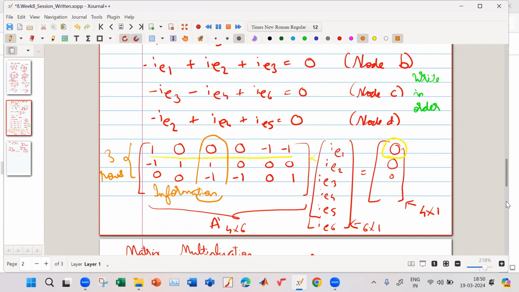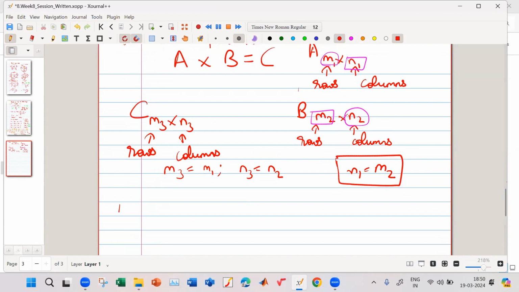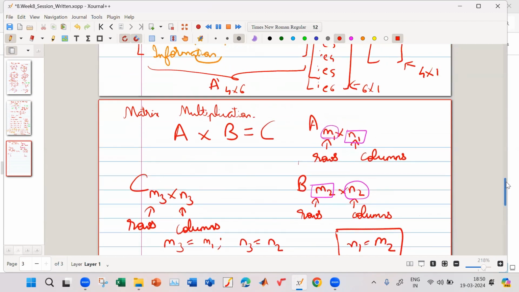Okay. So these three rows together form my incidence matrix, and that is written like this. So you will write your incidence matrix as 3 rows, 6 columns. Okay. With these values.